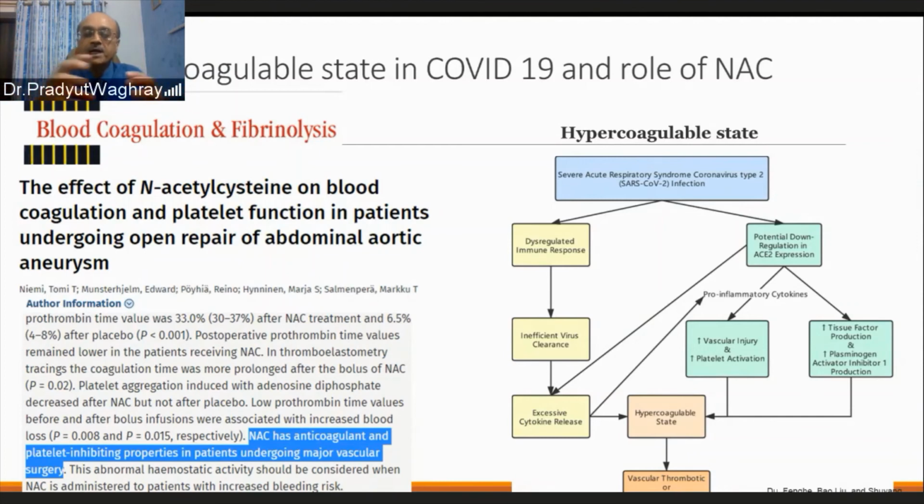So all these combined together make the blood more hypercoagulable. This is the reason why these patients are going into vascular thrombosis or thromboembolic events in severe cases of COVID-19. And NAC was found to have significant anticoagulant and platelet inhibiting properties as well.